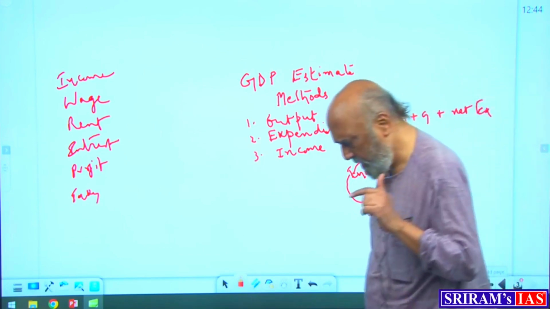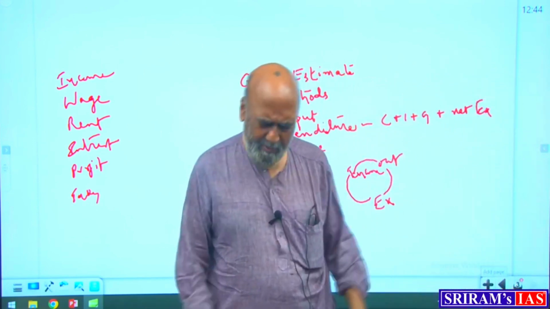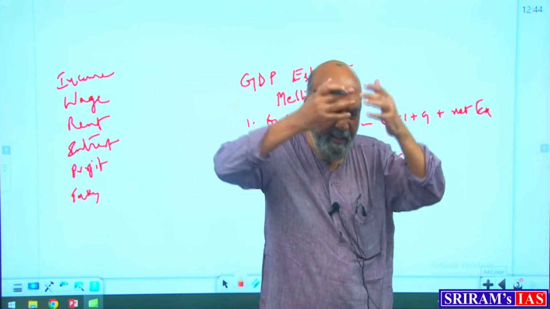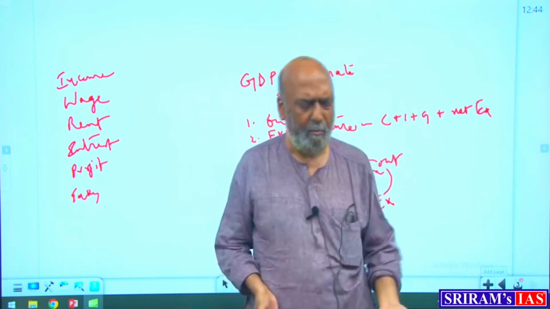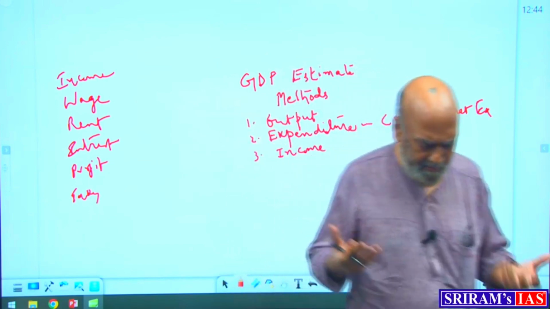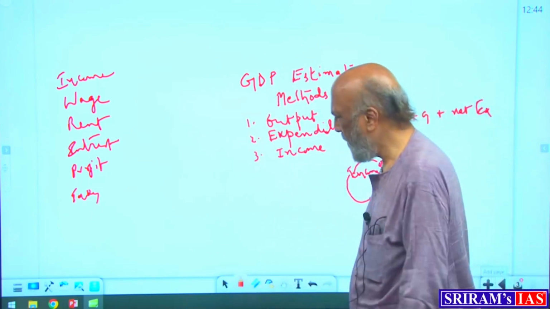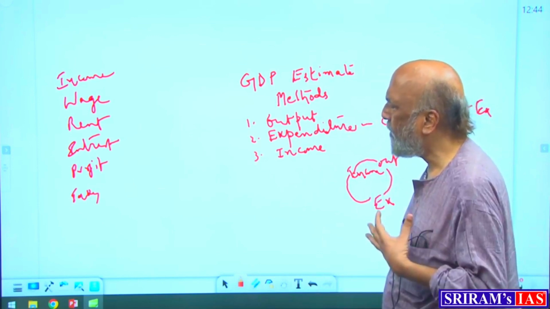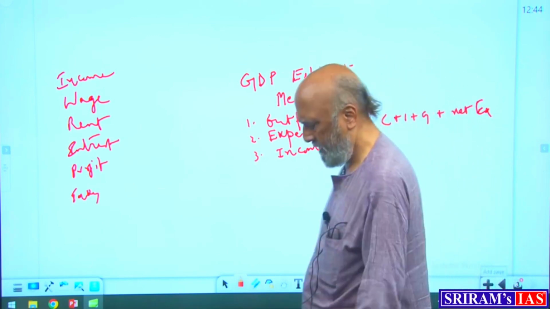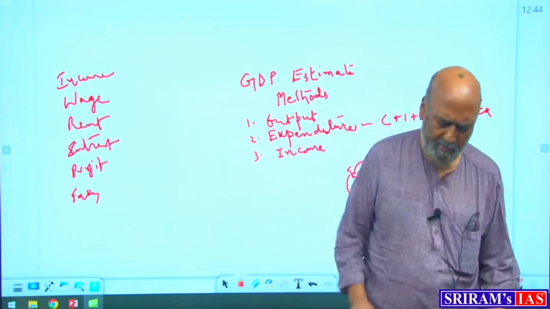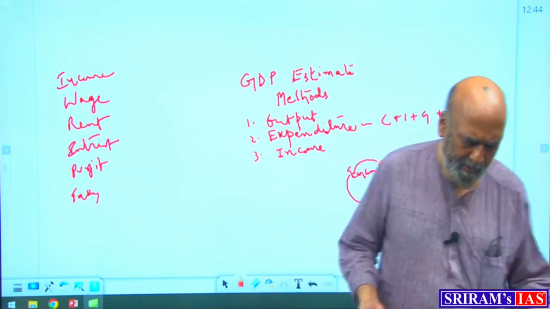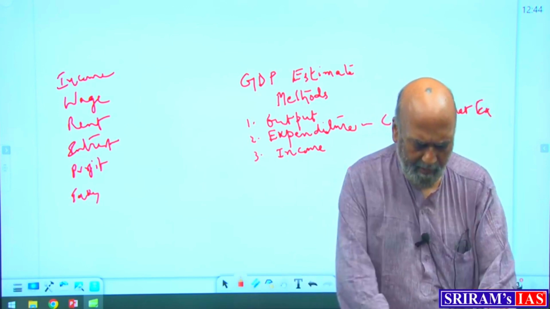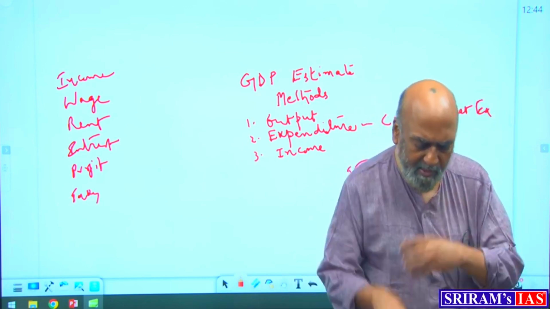There was one question in the main examination. It was expected, for God's sake, it's there in your book also, nothing mysterious. Of the many qualitative lacunae in the concept of GDP, one is this: take the economy of any country, China, Japan, America, wherever. A lot of work goes on inside the home.